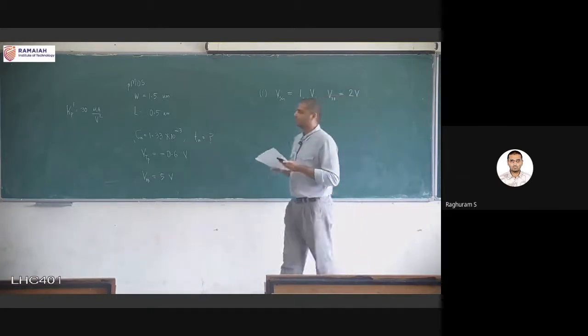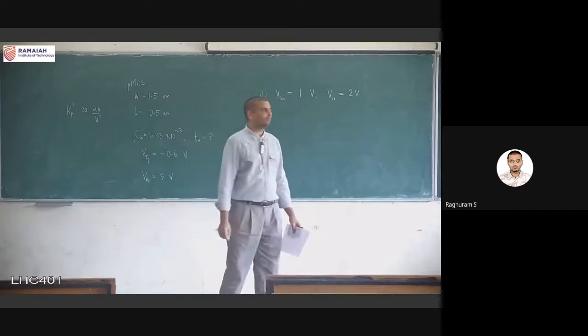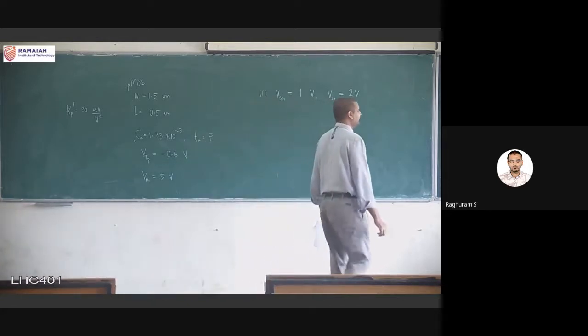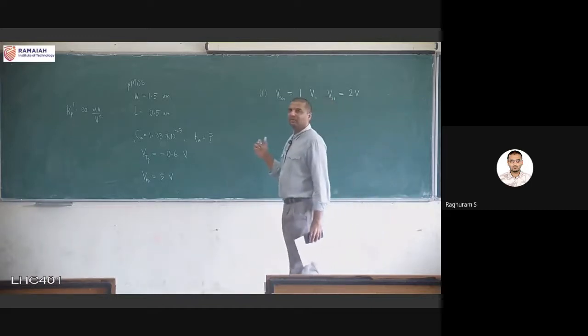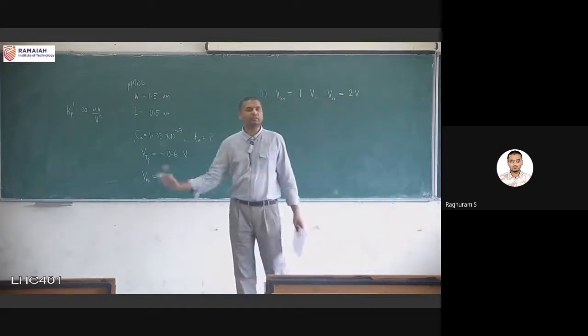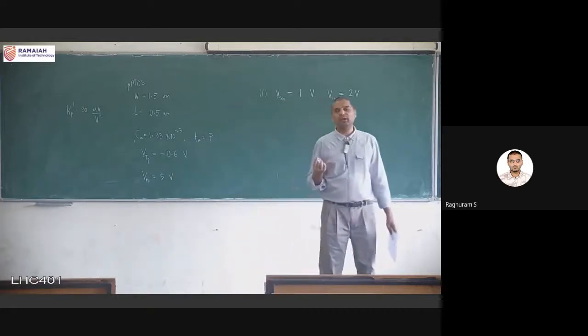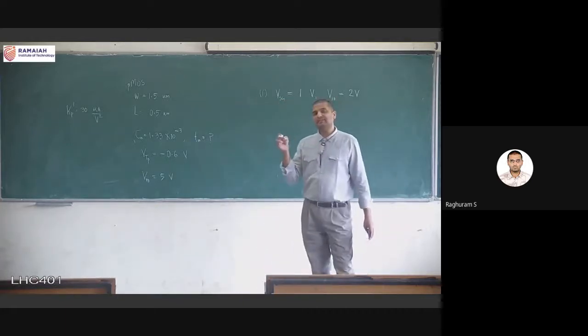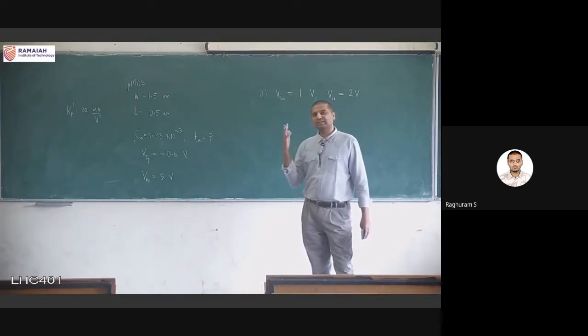So first level of confusion: VSD, VSG. These are not variables that we use anywhere in the equation. The variables that we use are VDS and VGS. From network analysis, VDS is nothing but VD minus VS. Same way VSD is VS minus VD.